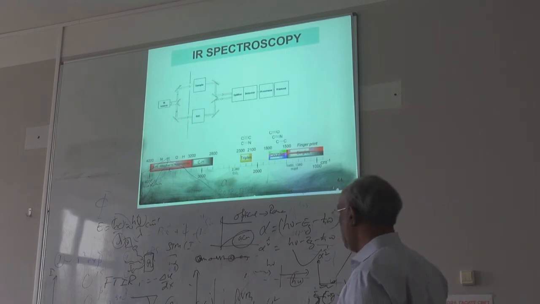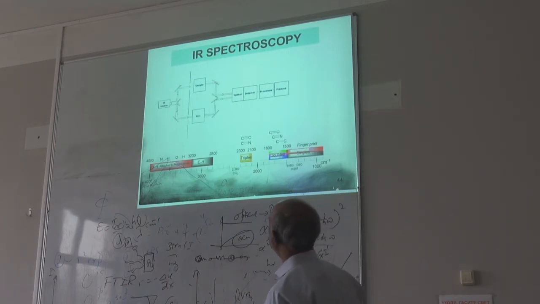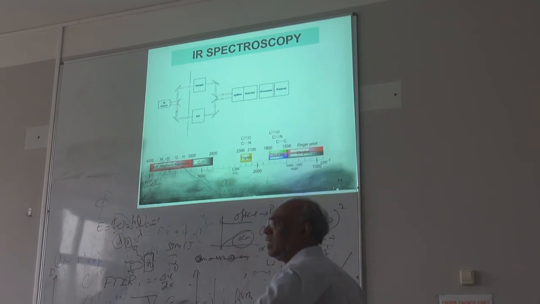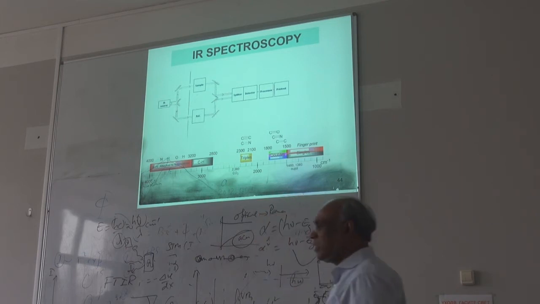If you take organic materials, we know where all these energies should be for double bonds and triple bonds. The double bond is in this range, also carbon, nitrogen. These are standard numbers. You can directly tell what kind of bonding is there.